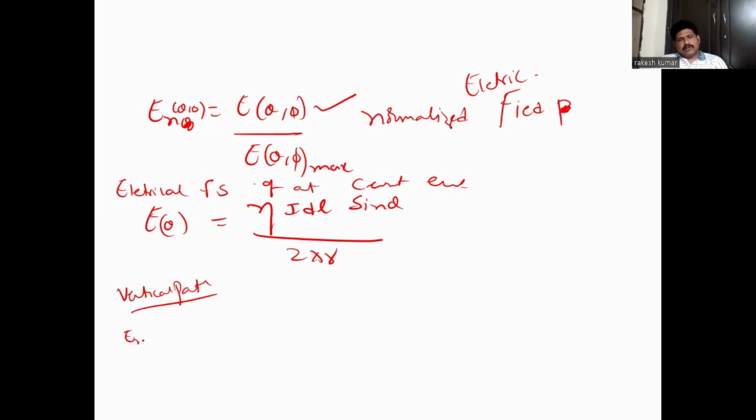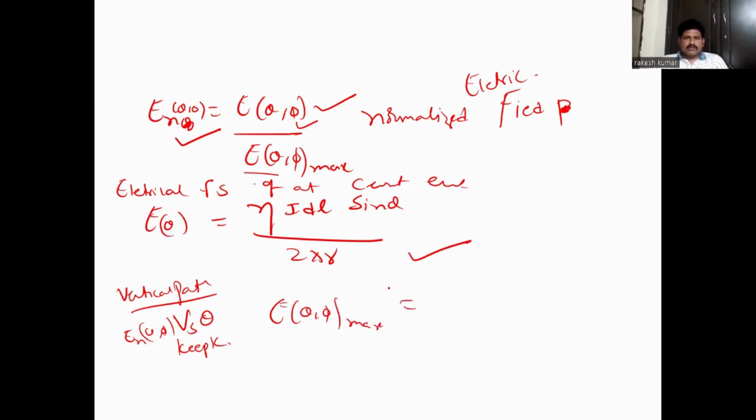Vertical pattern means En of theta comma phi versus theta, keeping phi as constant. Before that, first calculate E of theta comma phi. What is the maximum value? The maximum value is eta I dl by 2 lambda r, for theta equal to 90 degrees, since the maximum value of sin theta is 1.